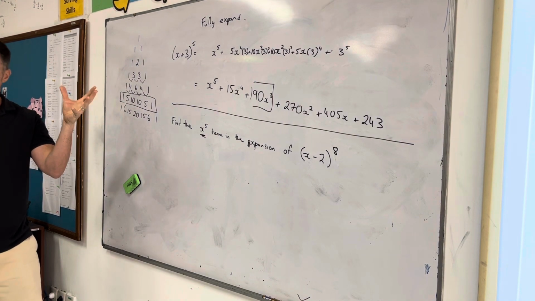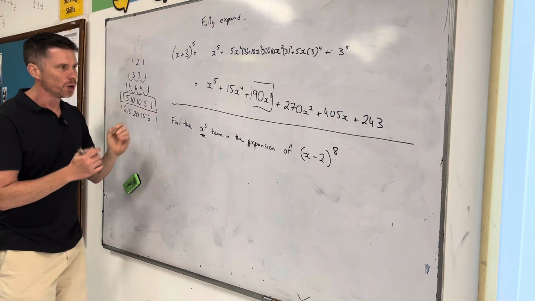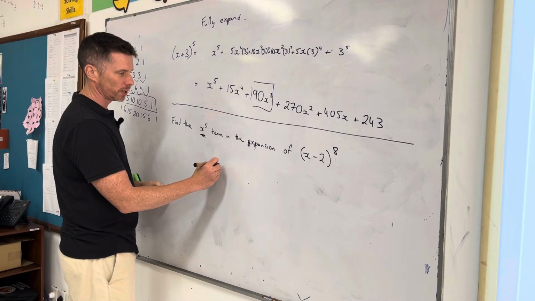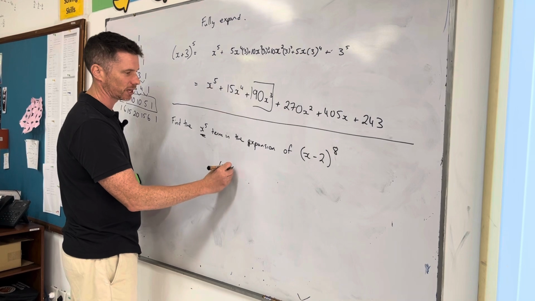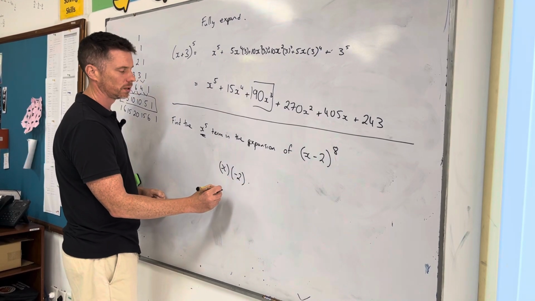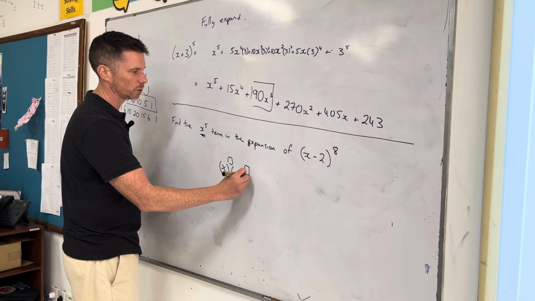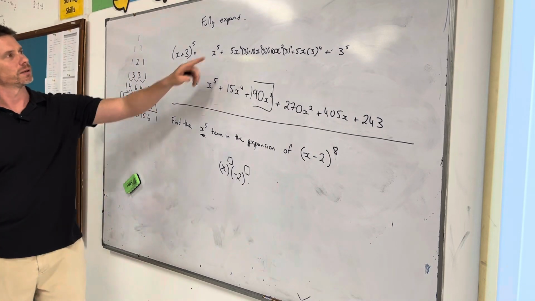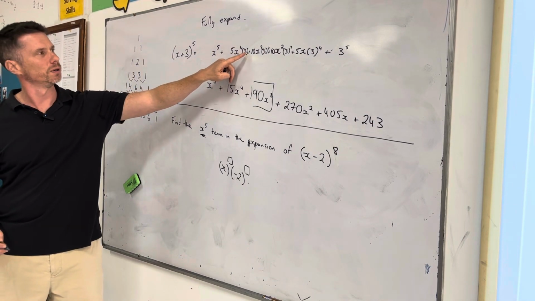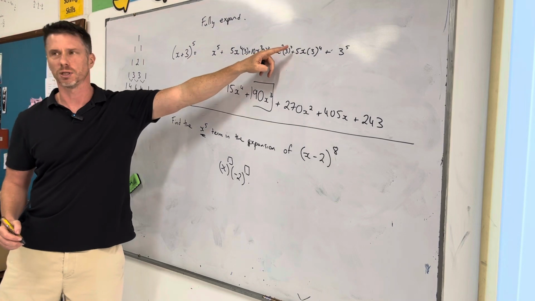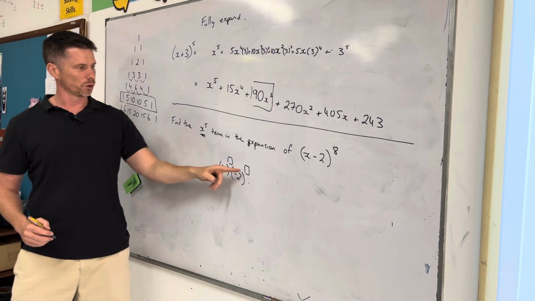Okay, well let's try and figure out which term we need. We know that the first part of the binomial is x, and the second part is negative 2. Both of those end up going to a power, don't they? What do these two powers always have to add to?